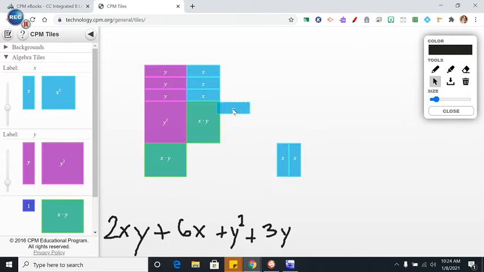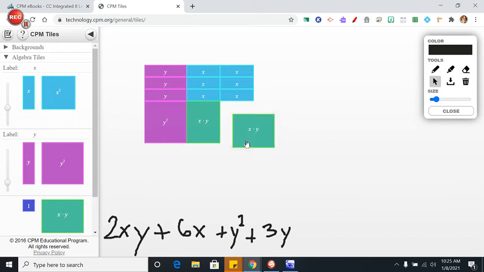Oh, you know what? I think these have to go here. Okay, so there's the rectangle, and I'm going to do the same process.